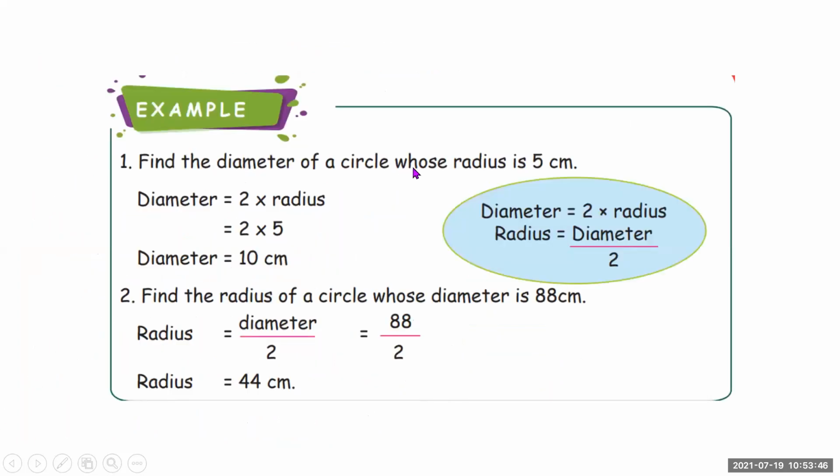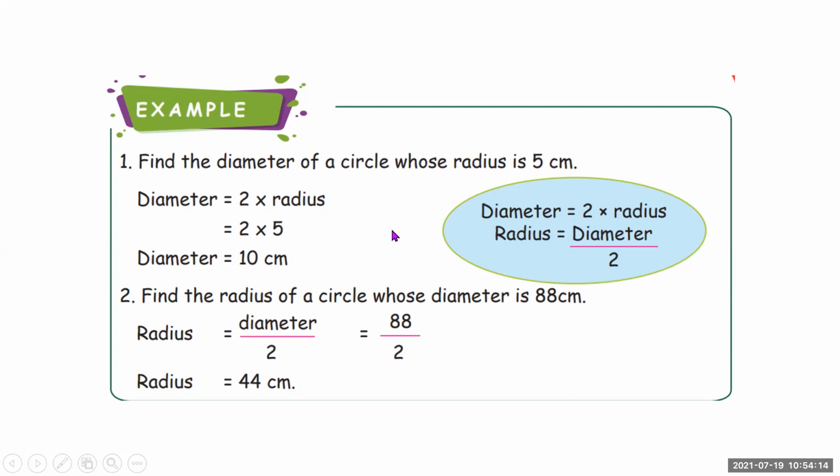Okay, find the diameter of a circle whose radius is 5 centimeter. Radius is 5. We know the diameter is 2 times the radius.